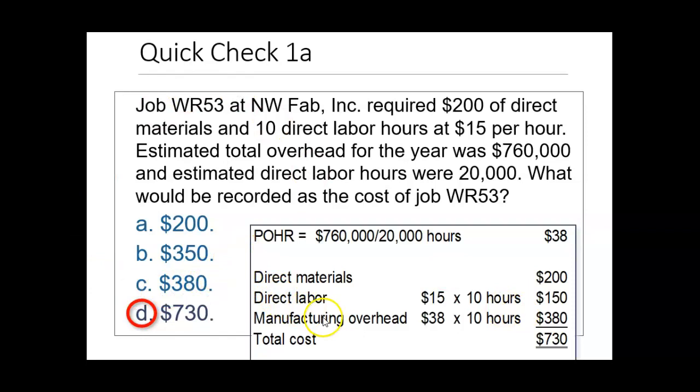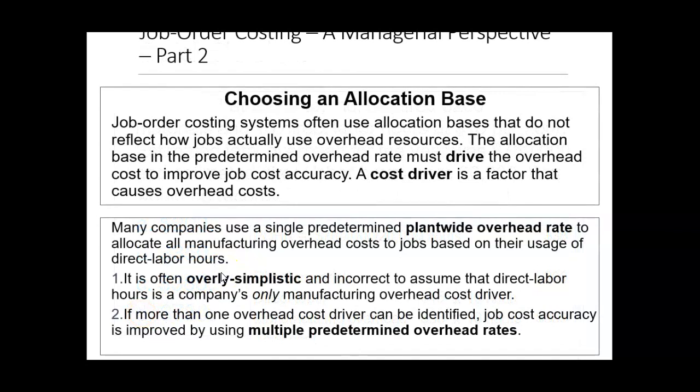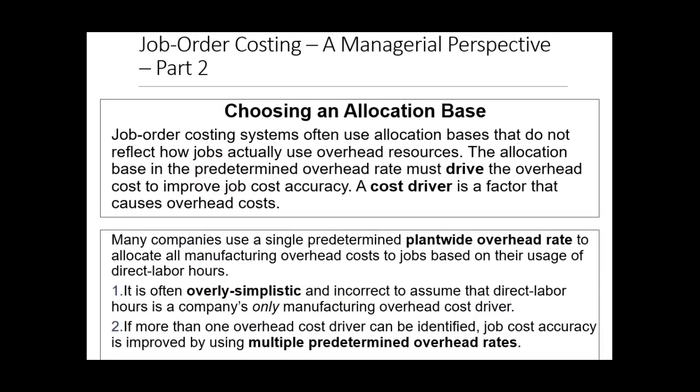Therefore, the total cost to be assigned to job WR53, as you got correctly, would be D, $730.